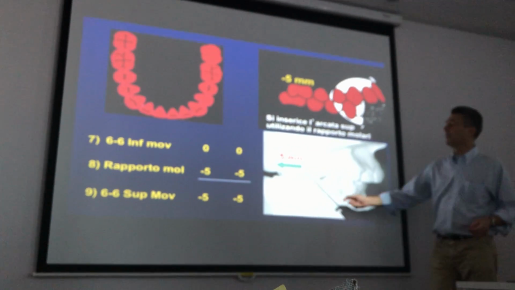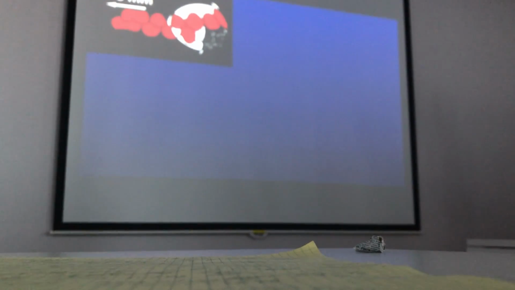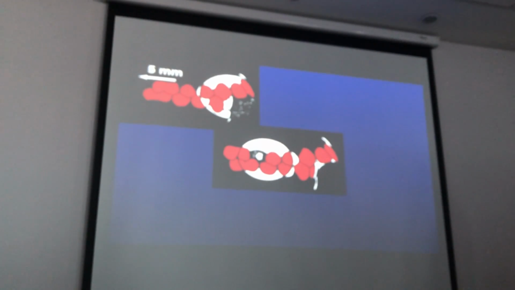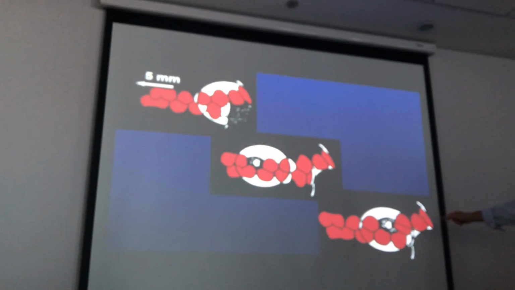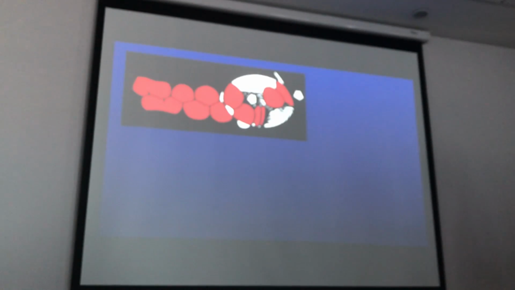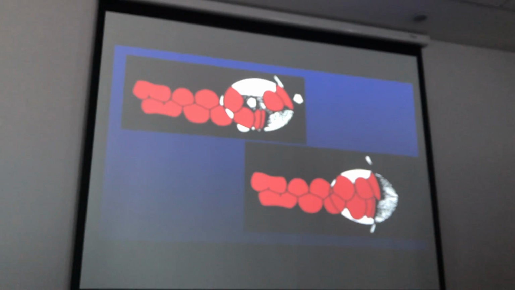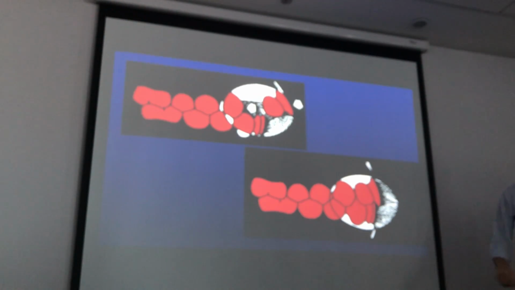So, if we put this back, we know that everything should be in the right position. If the molar goes in the right position, after that, you can bring the premolar in the right position. Then you bring the canine in the right position, and the incisor has to be in the right position if you do that.